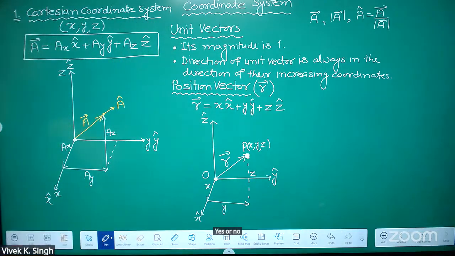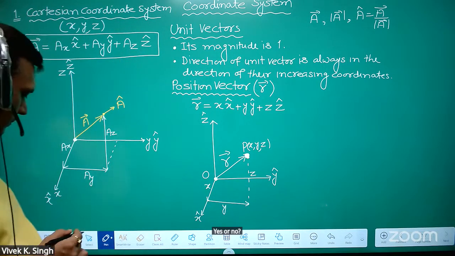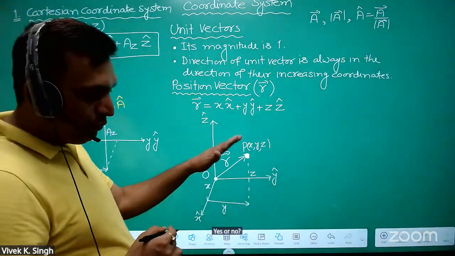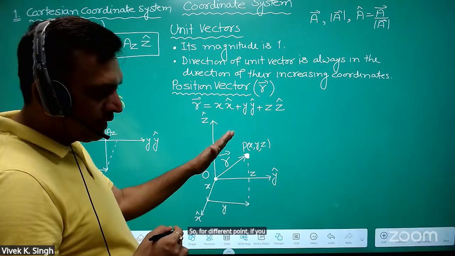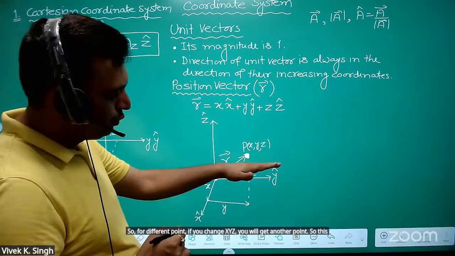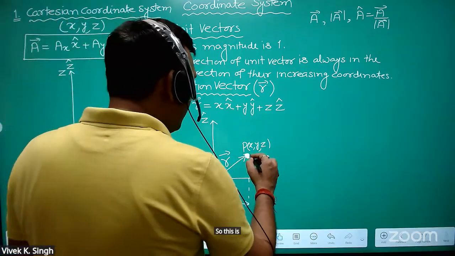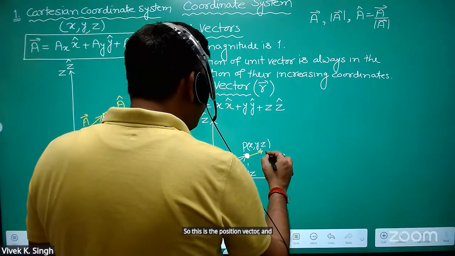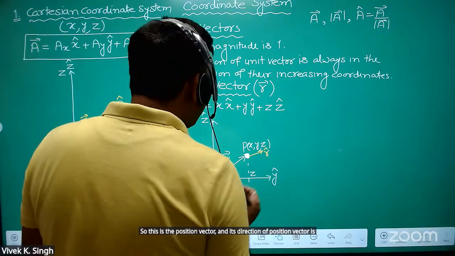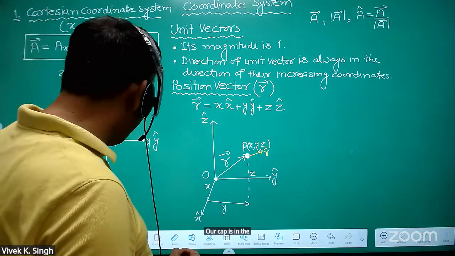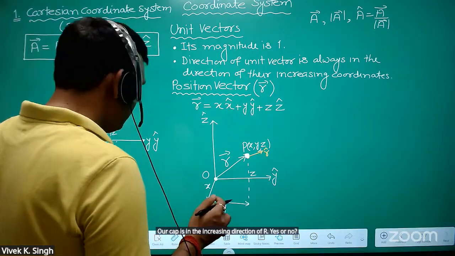Yes or no? For a different point, if you change x, y, z, you will get another point, and this will be its position vector. The direction of the position vector is given by r cap. R cap is in the increasing direction of r. Yes or no?